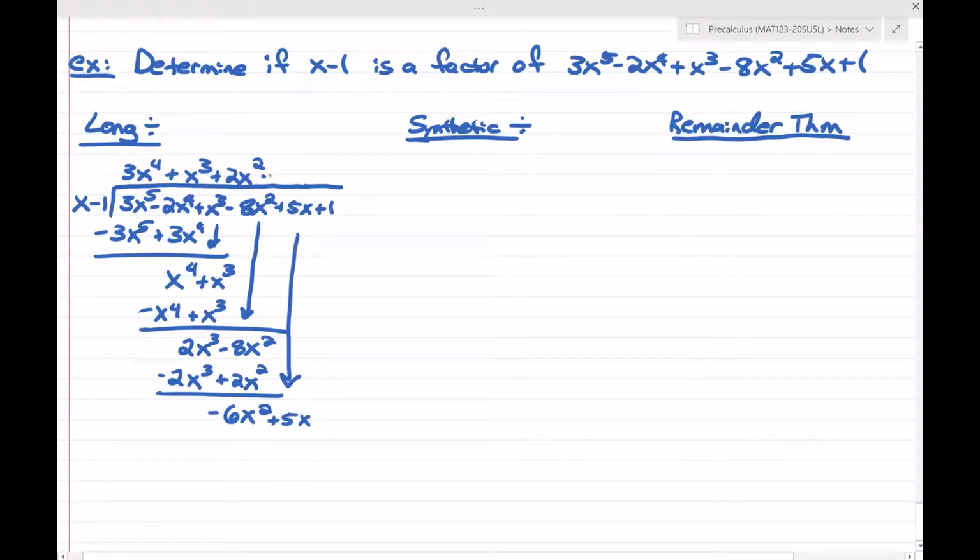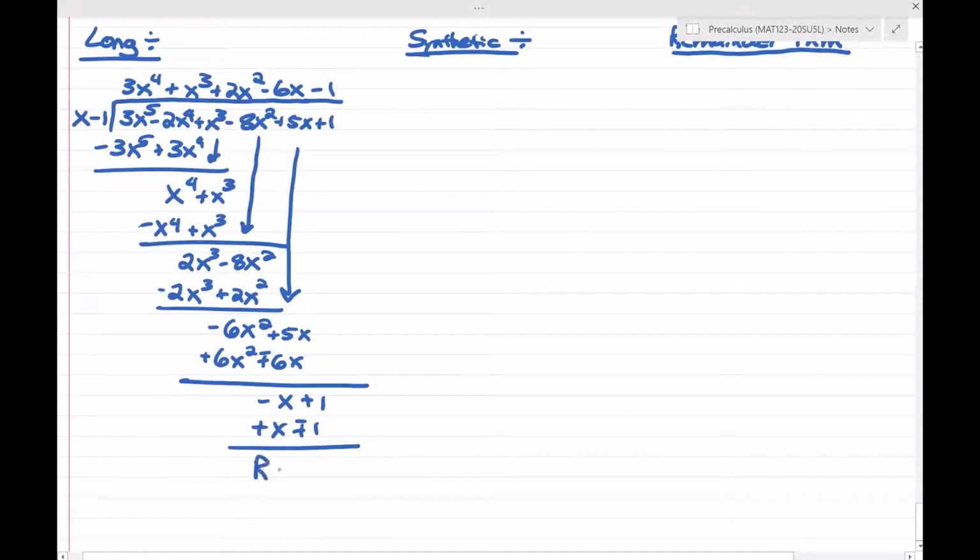X times negative 6x gives us negative 6x squared plus 6x. Again, we'll subtract those. Get negative x plus 1. If we multiply by negative 1, we get negative x plus 1. Subtracting gives us a remainder of nothing.